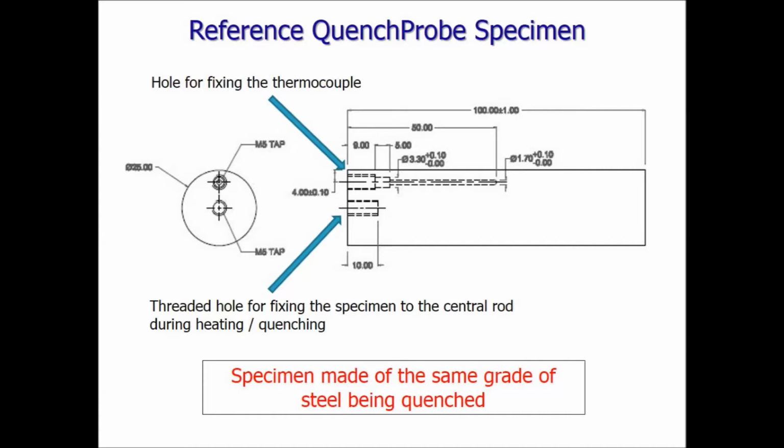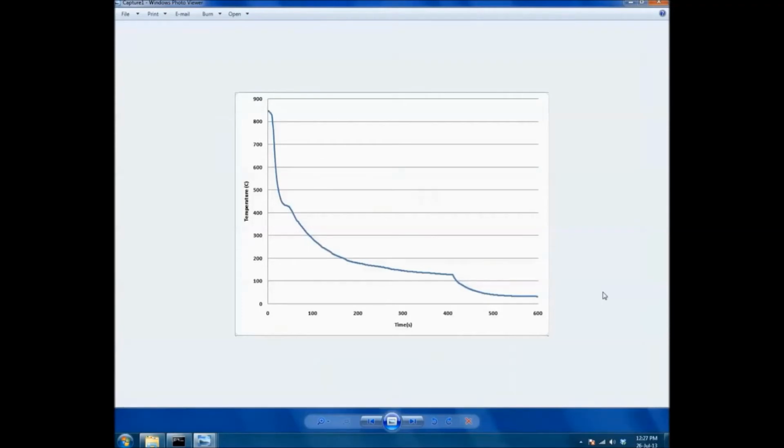As an example, we will consider an industrial cooling curve that is obtained using this quench probe. This curve was obtained during quenching of an alloy steel in an industry. The important thing to notice here is the very slow cooling rates at around 420 degrees, which is due to the latent heat liberation during austenite transformation at that temperature.